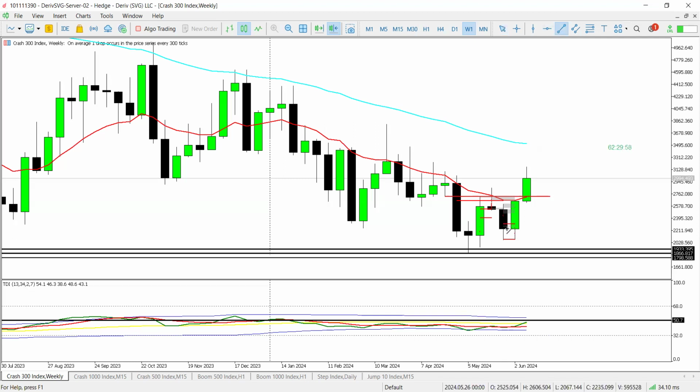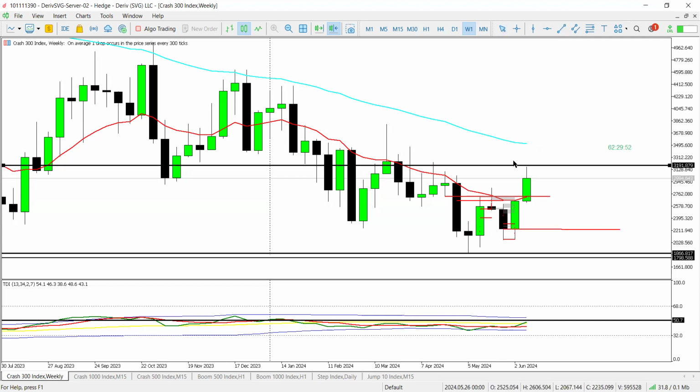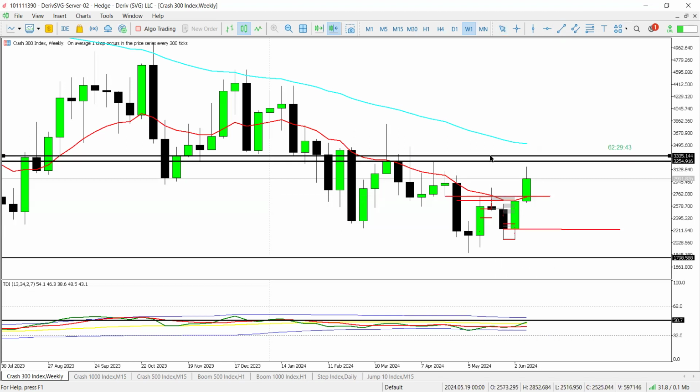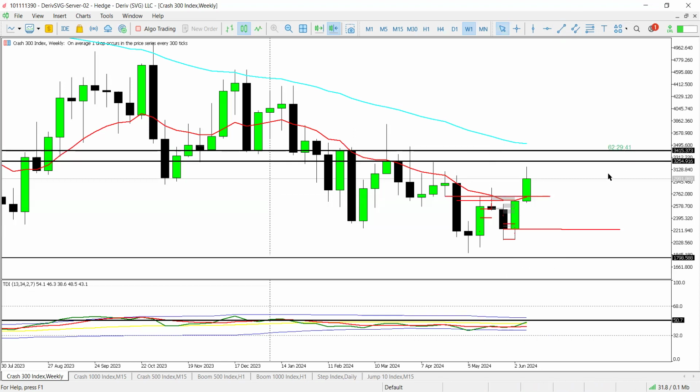I'm just going to mark points of interest. This level here is a point of interest for me, same as this one. Price looks like it's been bullish.